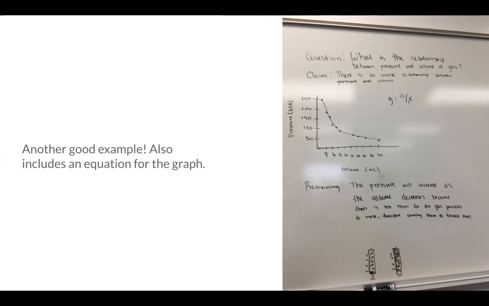So if I take a balloon and I increase the pressure on the balloon from the outside, the balloon should get smaller. If I decrease the pressure outside, the balloon should get bigger. Those are some of the patterns we're looking for.